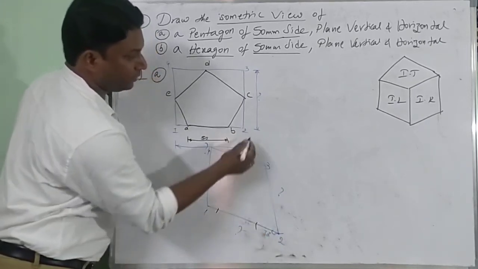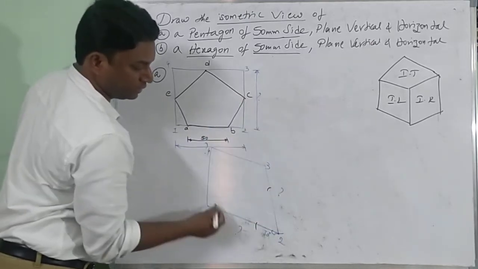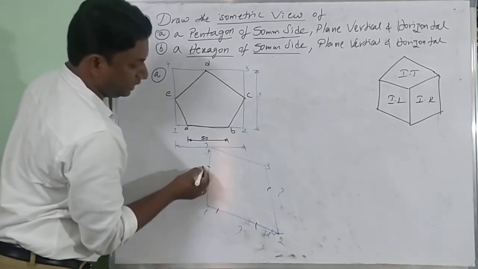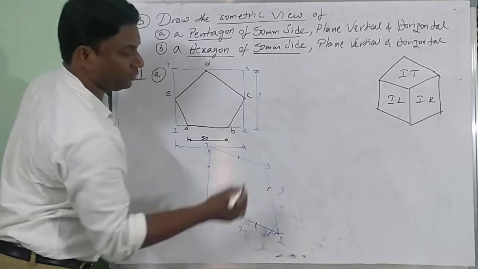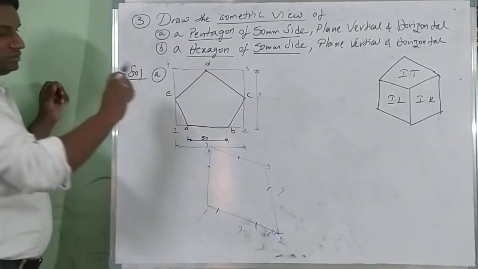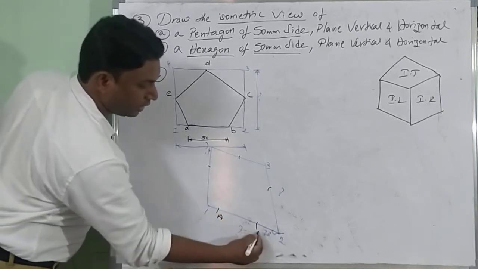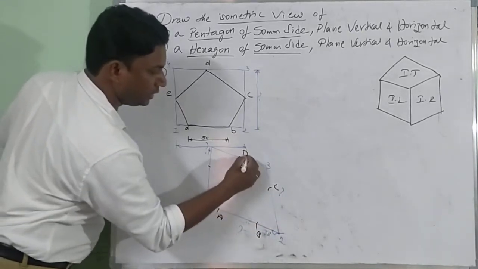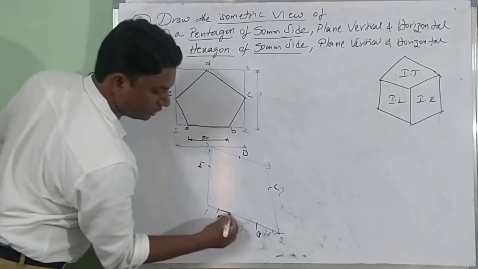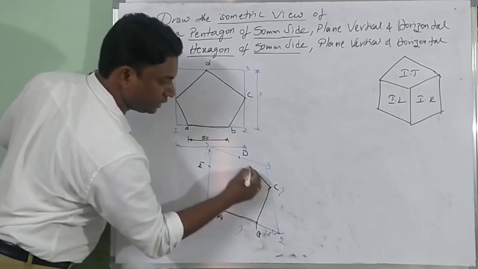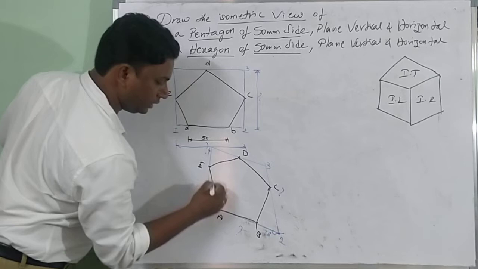Use compass, cut it. From 2, C at a particular distance. From 1, E at a particular distance, and here D will be in the middle. Use compass, measure the length, try to cut. Here the points will become A, B, C, D, E. Join them: A B, B C, C D, D E, E A.